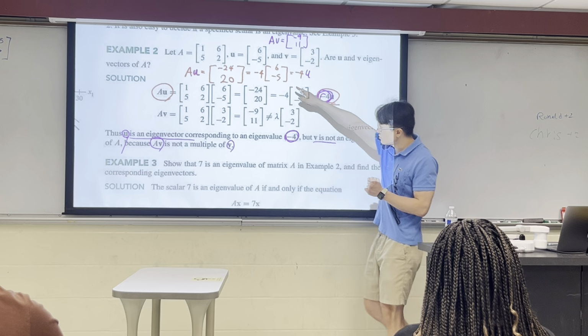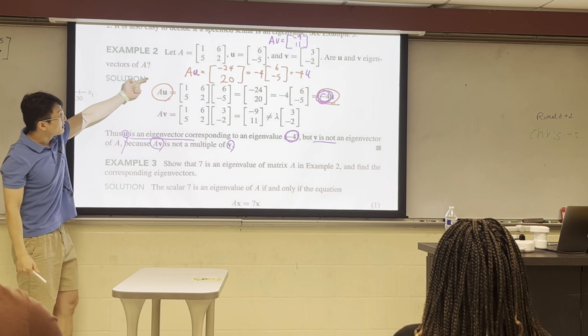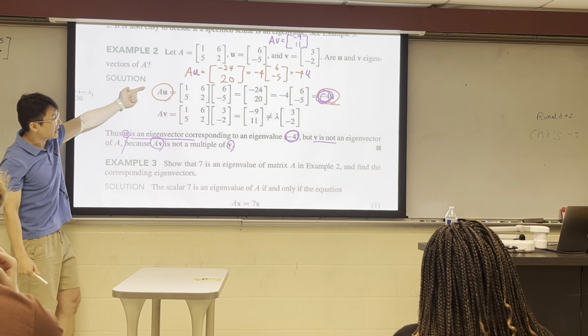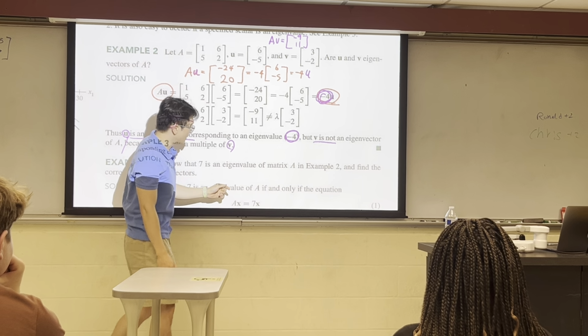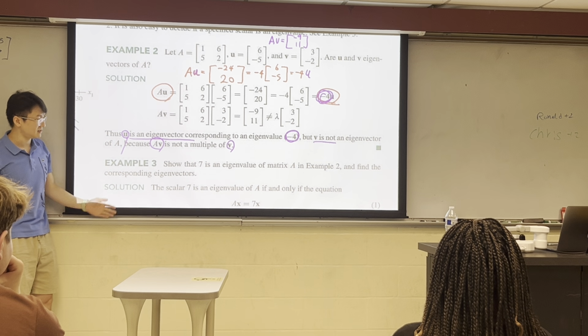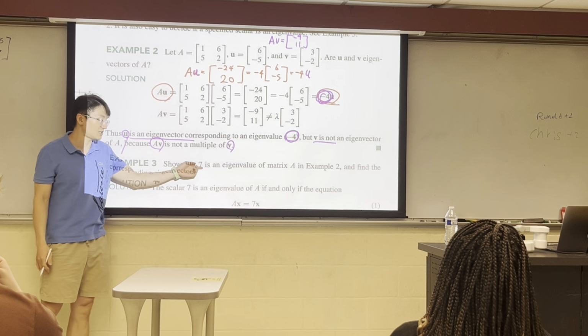Okay, so here we're still talking about this example. And we got eigenvalue -4, eigenvector, this. And the next question says, okay, what if you have another eigenvalue, which is 7?